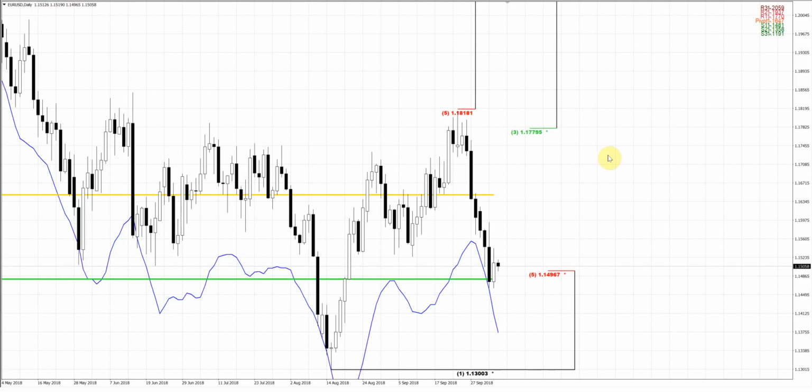Of course, there may be some kind of fundamental support for this action, and maybe it will appear, but from the technical point of view this area is very important, because failure at the right arm of the head and shoulders will mean that the market will drop below the head. That will be a downward continuation with our long-term trend on the monthly chart, where we're waiting for the 108 target, and currently we're dealing with a retracement.